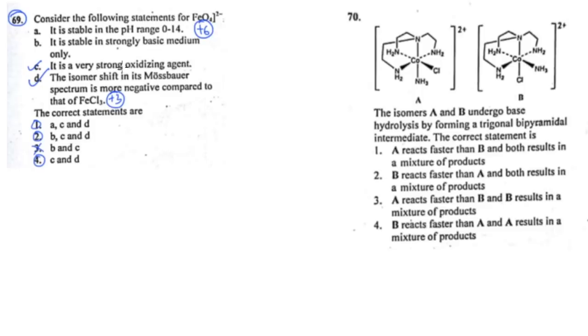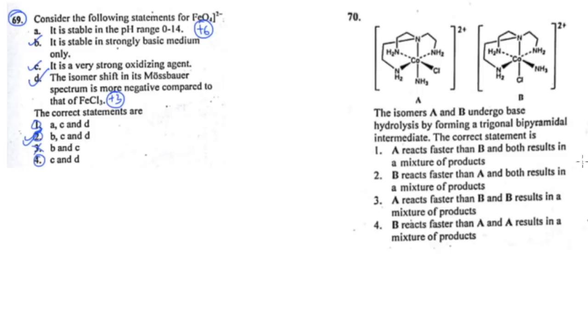So it will try to be in that particular medium where there are things which are ready to donate their electrons. Bases are electron donors. So in the basic medium it will be very stable. So B is also correct. So your second option should be your correct option, where B, C and D are the correct choice. A will not be correct because it cannot stay stable in pH range less than 7. It won't be stable in the acidic medium.